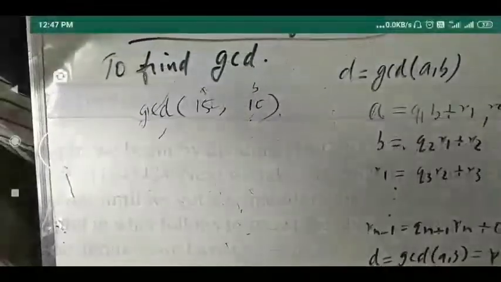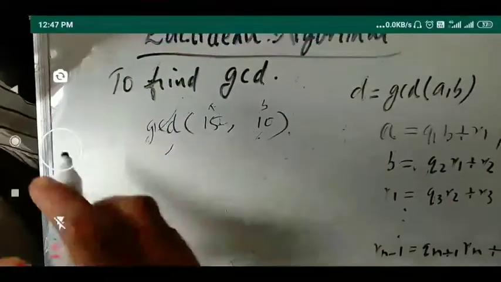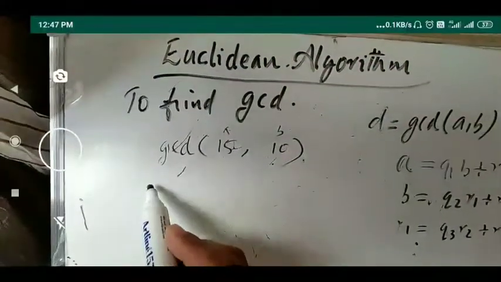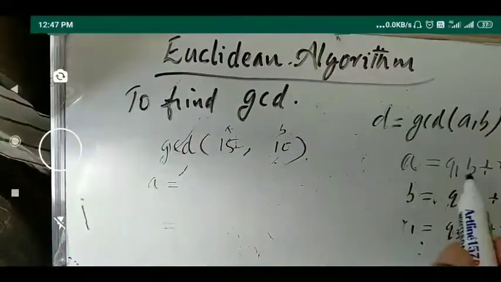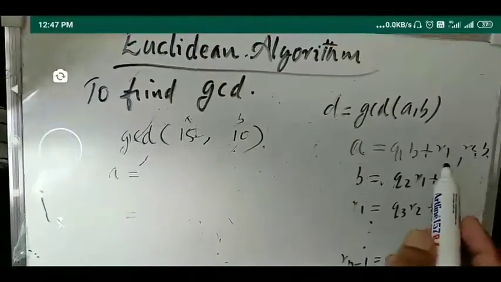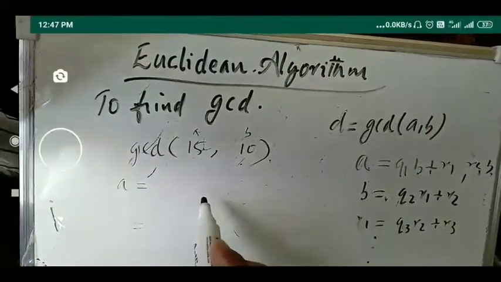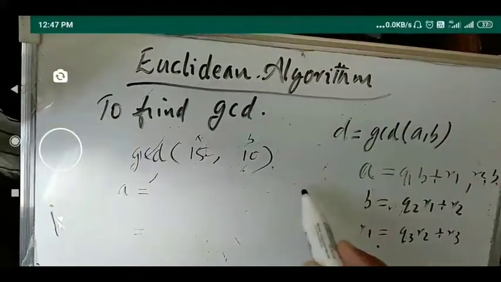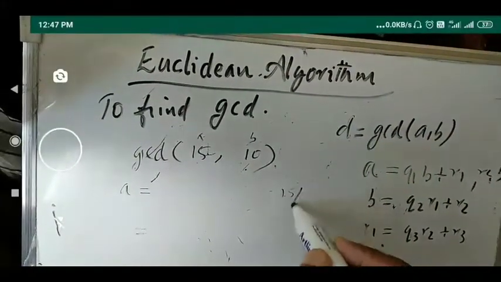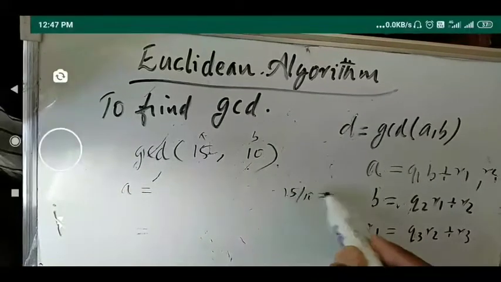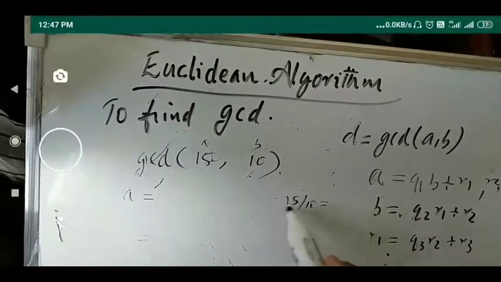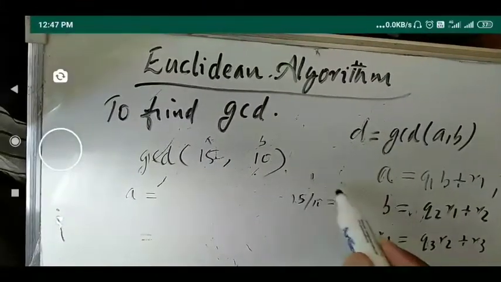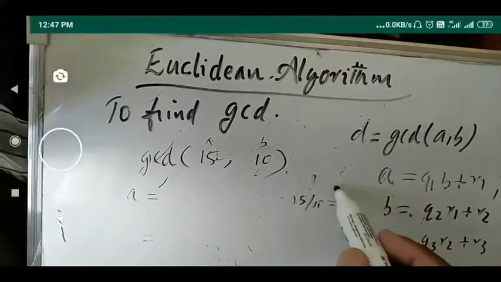To find the GCD of 15 and 10, let us take 15 as A and 10 as B. Then A equal to Q1 B plus R1, where Q1 is the quotient and R1 is the remainder. After dividing 15 by 10, how many times? 1 time, and the remainder is 5.